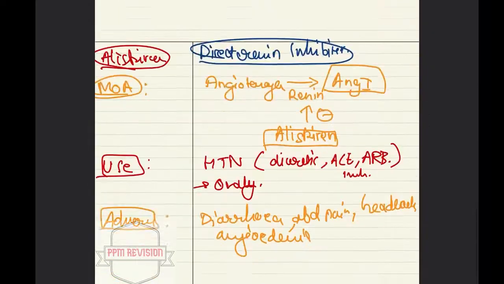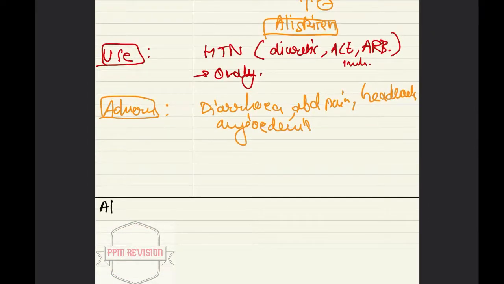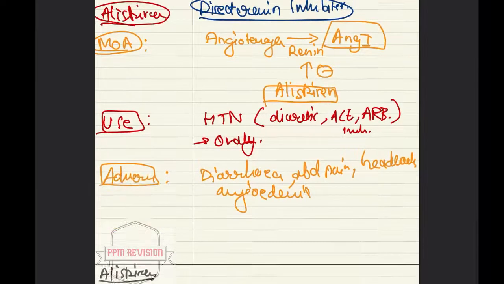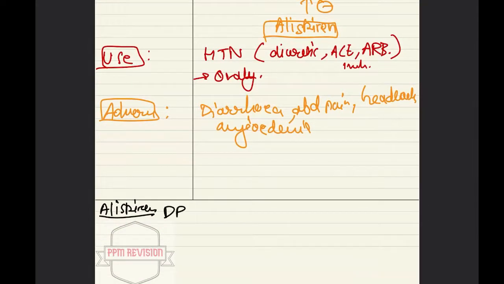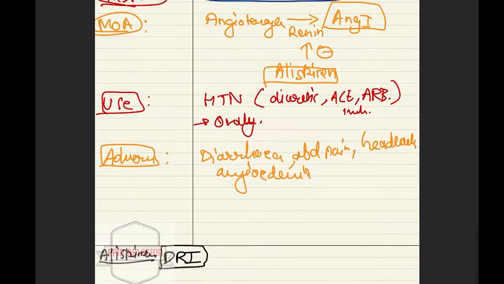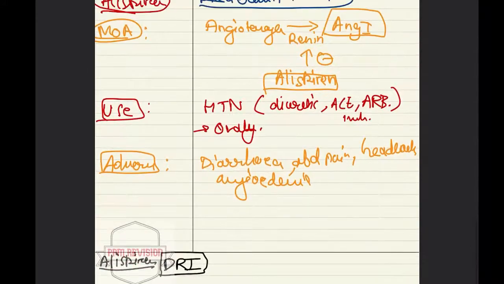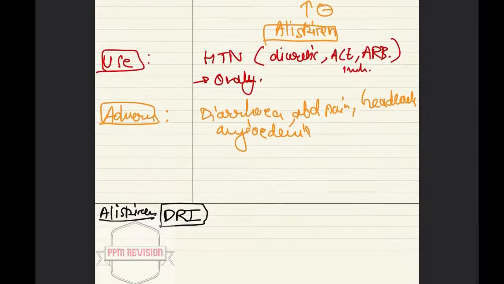So we had read about L-carnitine. So what is it? It is nothing but a DRI, that is direct renin inhibitor. What it does is it inhibits conversion of angiotensinogen to angiotensin 1. So basically it decreases the angiotensin 1 production.